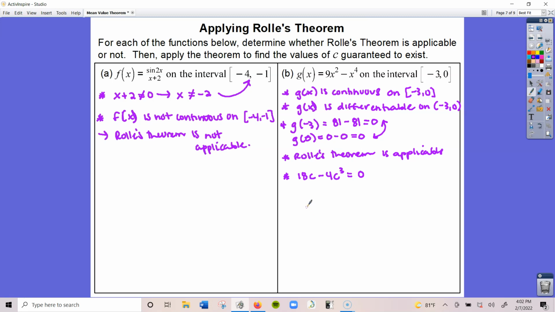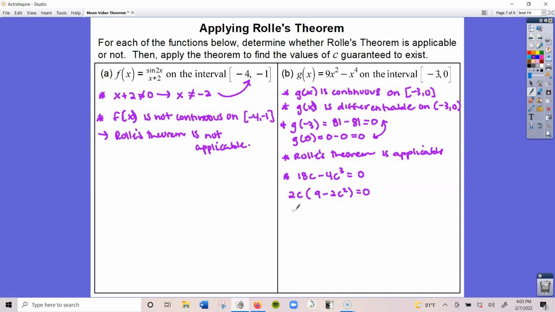And now we're going to go ahead and solve for c. 18c and 4c to the third, both are divisible by 2 and both have a c. So I'm factoring out a 2c. And that leaves me with 9 minus 2c squared.